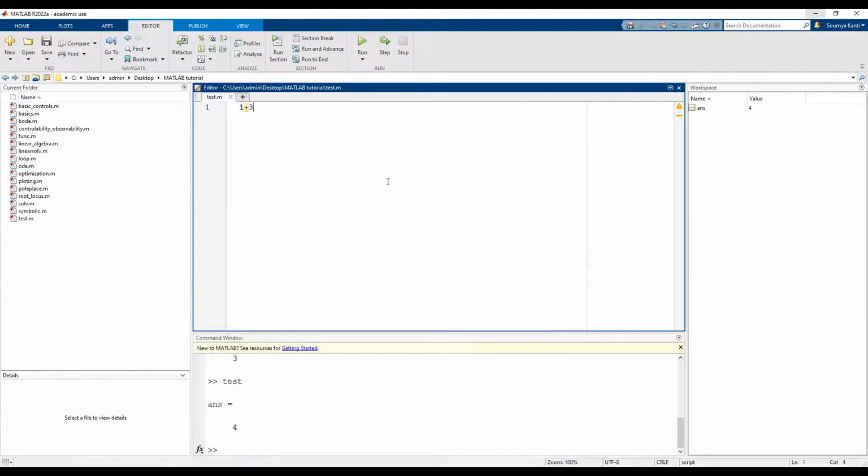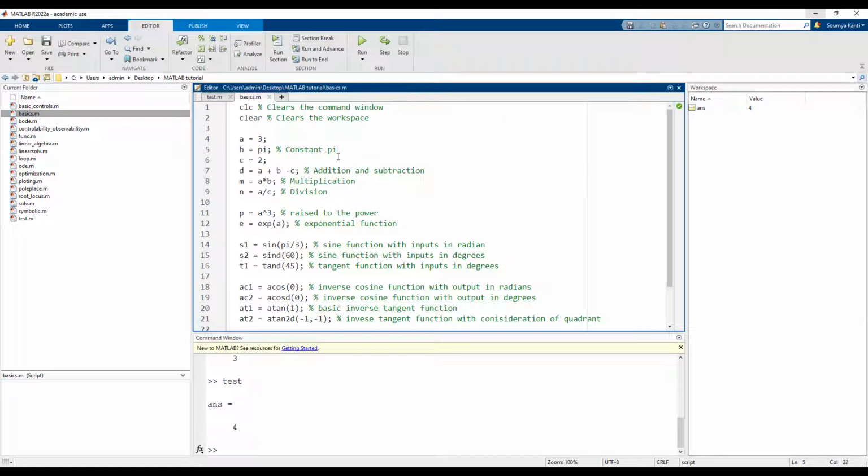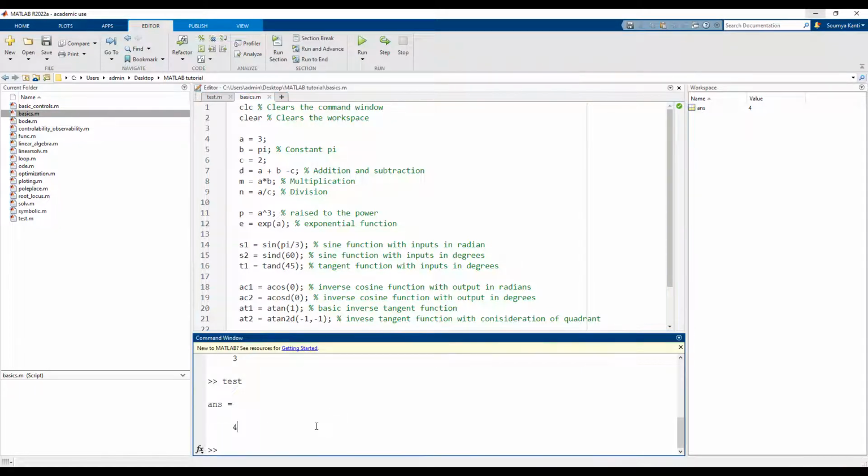Now let's see one of the files which I created. This is just some basic things. At first, these two functions at the top are mostly called housekeeping functions. What they do is clear the command window. You can see the command window is kind of clogged. If I want to clear it, I can just type clc, and it will clear the command window, as you can see.